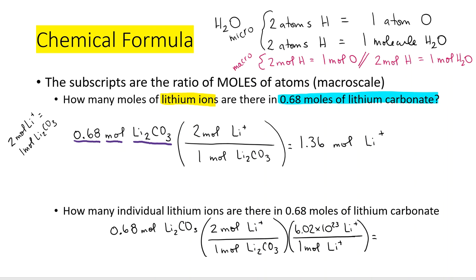So the first conversion factor is the chemical formula, the subscripts, and the second is Avogadro. 0.68 times 2 times 6.02 times 10 to the 23rd is 8.19 times 10 to the 23rd lithium ions.